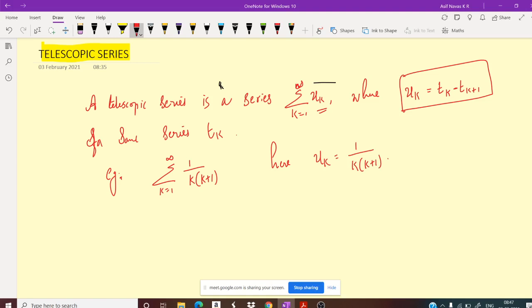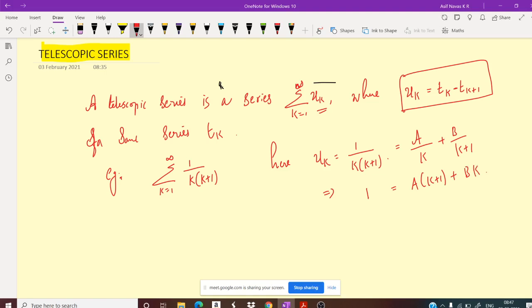But this uk can be written, if you take a partial fraction, as a by k plus b by k plus 1. Which implies 1 equal to a into k plus 1 plus b into k.